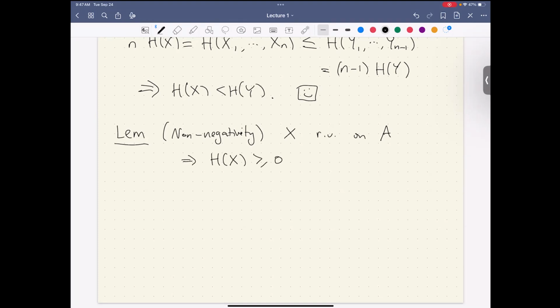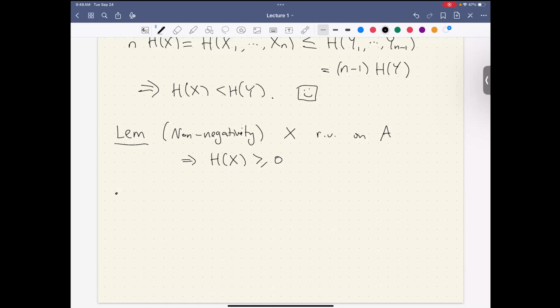Well, to prove this, it's a little bit tricky. We have to introduce a construction. Here, let's sidetrack a little bit.